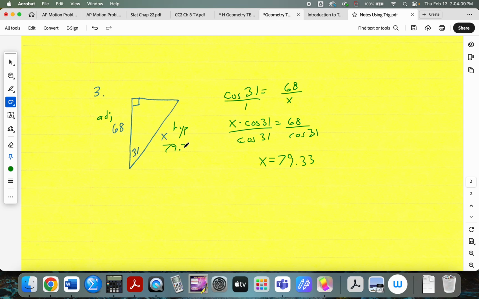All right. Before we go, and I'd let you get started on your assignment, let me point something out. Let's say that I knew it was cosine and I set it up wrong. Okay? Don't copy this down, please. Let's say that you did cosine of 31 is x over 68. If you cross multiply, you get x is equal to 68 cosine of 31.